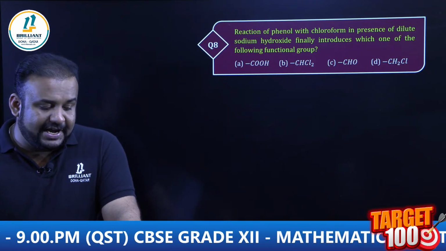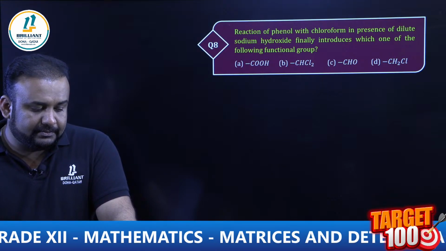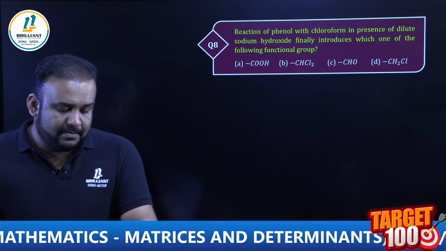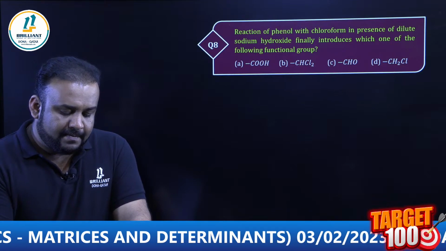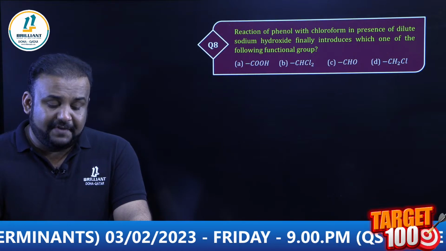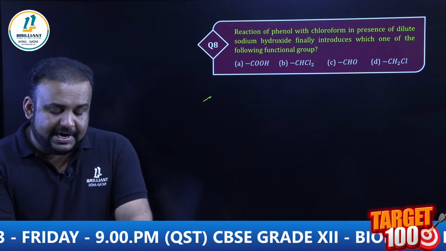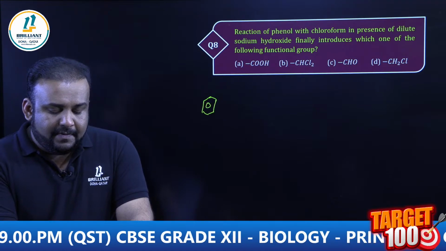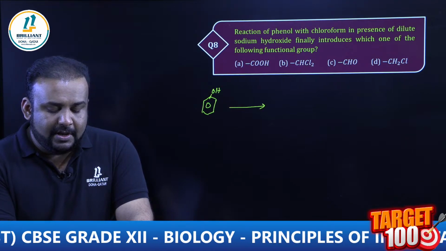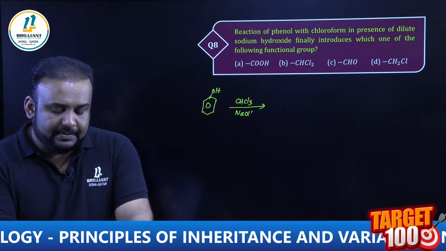So tell me, which reaction are we talking about in this case? Look at the reagents. It's very easy. Reaction of phenol with chloroform in the presence of dilute sodium hydroxide. Phenol with chloroform, CHCl3 and NaOH.